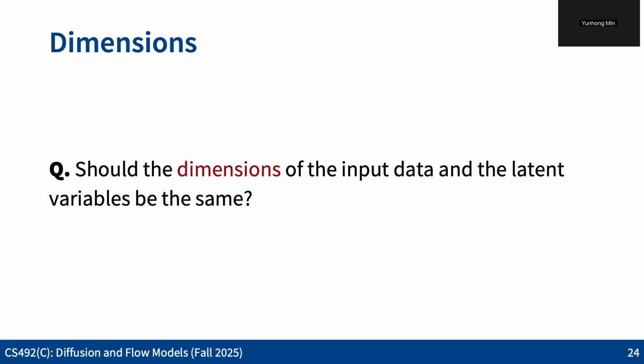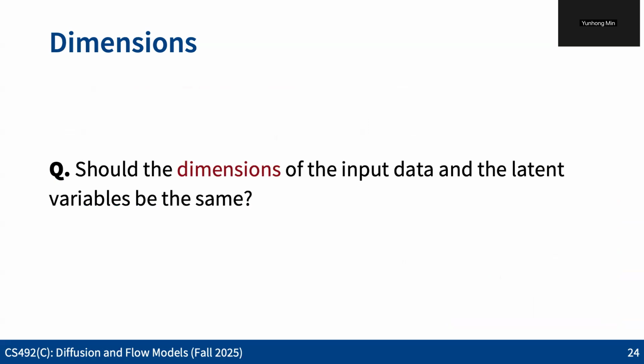So here one question is: should the dimensions of the input data point x and the latent variable z be the same or not? Yes or no? It does not need to be the same, right?